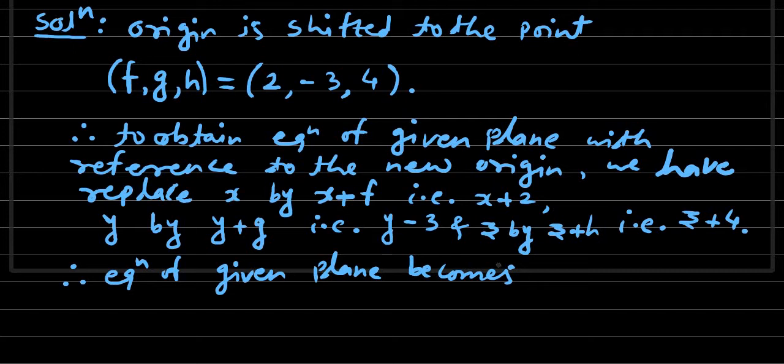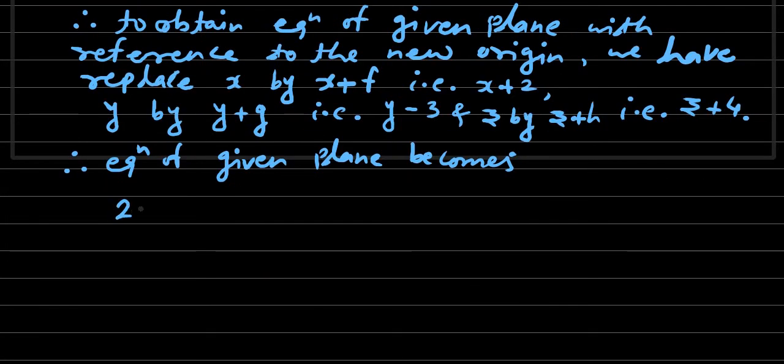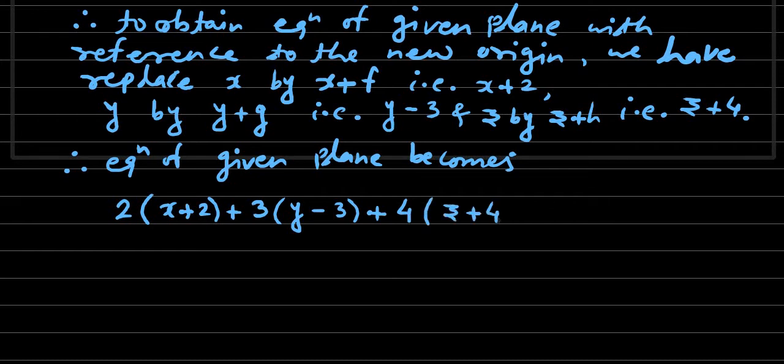So the equation of the plane becomes 2 into, for x we have to put x plus 2, 2 into x plus 2, then plus, next term was 3y, so 3 into, for y we have to put y minus 3, then plus, next term was 4z, 4 into z, for z we are going to substitute z plus 4, and this is equal to the right hand side 7 as it is.